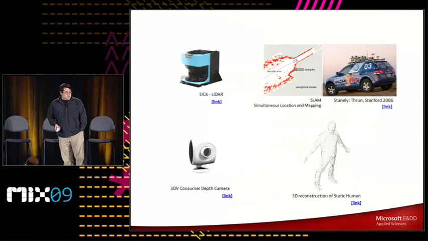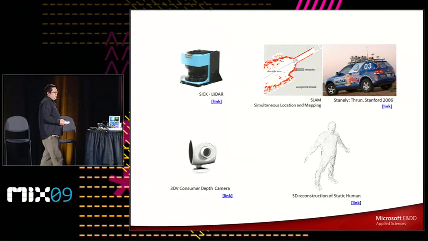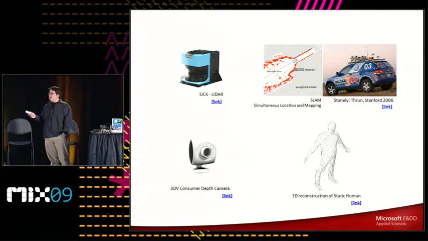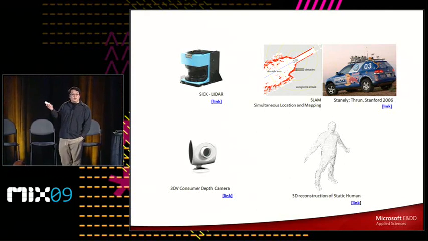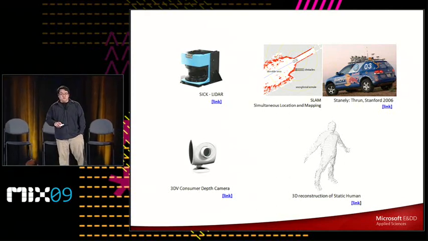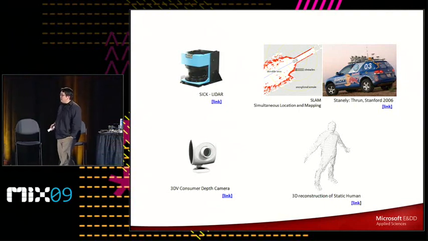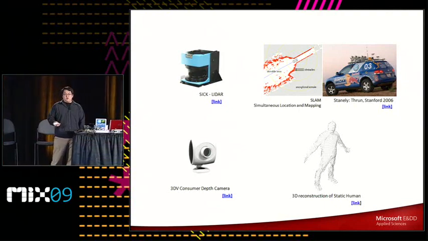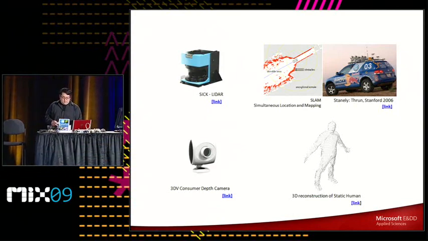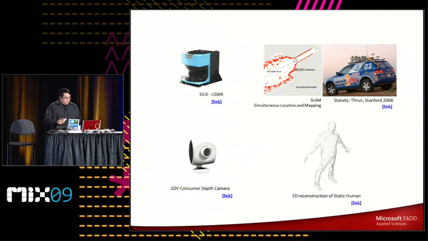But what's kind of neat and impressive is that the laser scanning technology and the infrared sensing technology that you might have seen that allowed the robot cars in the DARPA Grand Challenge are becoming commoditized very soon. The one on the bottom is a camera by 3DV, and it gives you a pretty good point cloud at consumer level prices. Now we just have to figure out how to turn these point clouds into something useful.